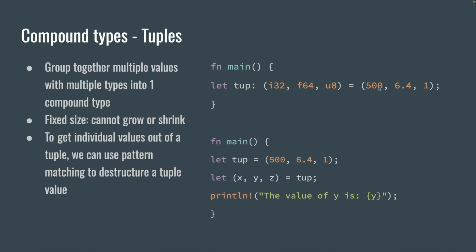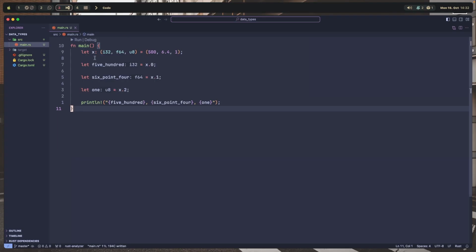For example, here 500 is i32, 6.4 is f64, and 1 is u8. See how this works. Now we can also access a tuple element directly by using the period. For example, here 500 can be accessed by x.0.